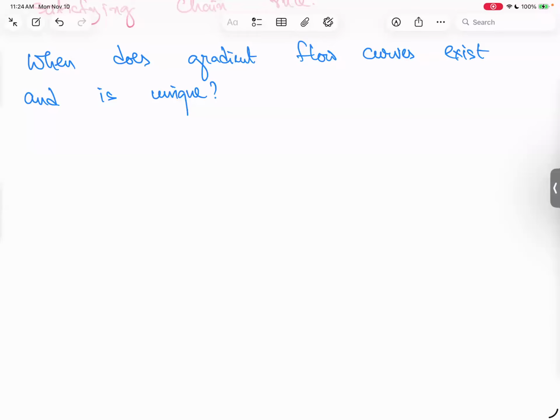So when can I say that the solution of x dot t equals minus gradient of phi of x t actually exists, with x0 given? Given x0, when can I say that the solution actually exists and is unique? We need some conditions for that.